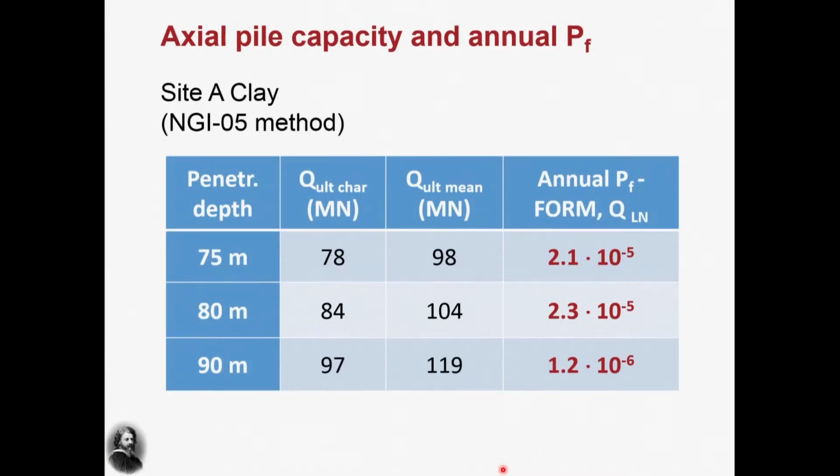Then with new site exploration, we were able to reduce it to 90 meters, but there too, it's very, very hard to penetrate such long piles. Remember, they're 2.5 meters in diameter. But these probabilistic calculations, including all the uncertainty in the parameters and the model uncertainty, which we gave quite large, gave you a probability of failure of about 10 to the minus 5 per year for a penetration depth of 75 meters.